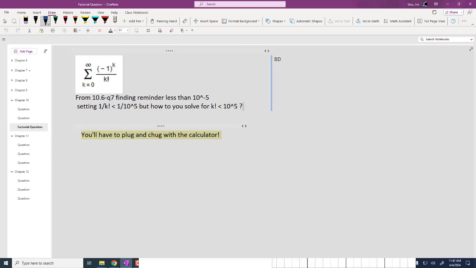We want to know how many terms we need to have an error less than 10 to the negative 5. What we've been doing is figuring out what the n value is to have a sub n, or a sub k, it doesn't matter what you call it, less than 1 over k factorial. Excuse me, less than 10 to the negative 5th.